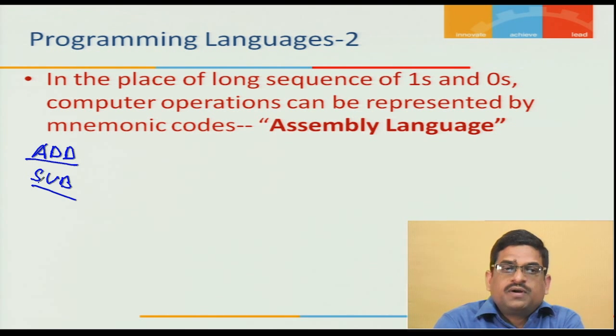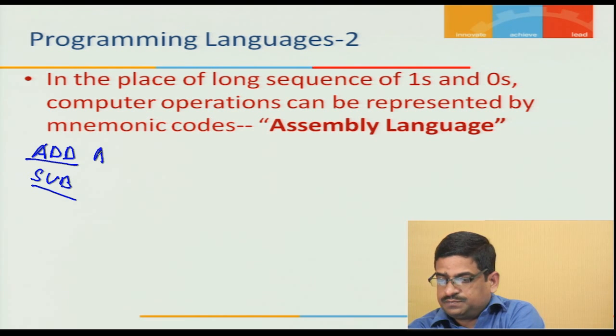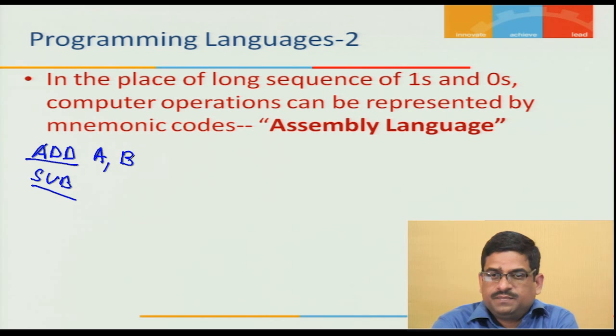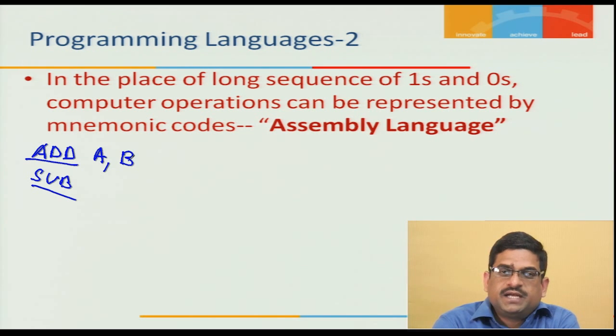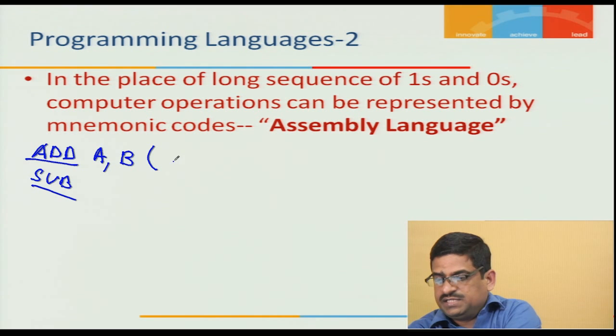It is more readable, someone can understand. Let's say something is written like add A comma B, it is understandable. It's an addition operation trying to add two numbers which are represented with label A and label B. So A and B here represent two memory locations in which these two numbers are stored. So it's in a human readable format. Same thing, let's say the corresponding machine language is something like that.